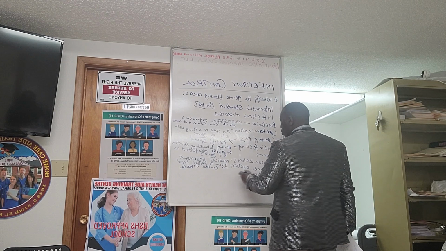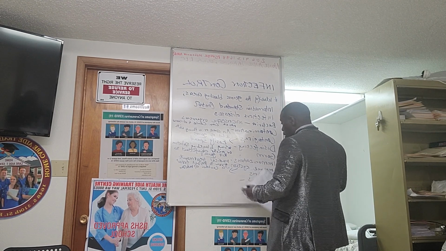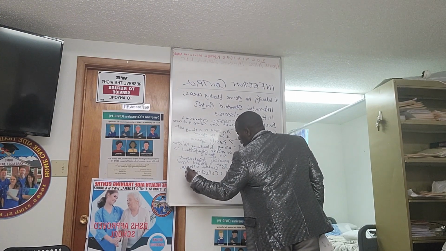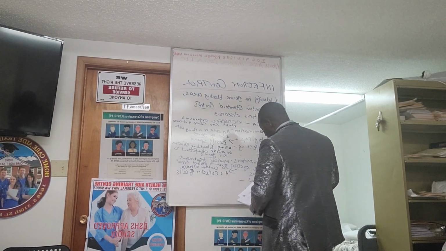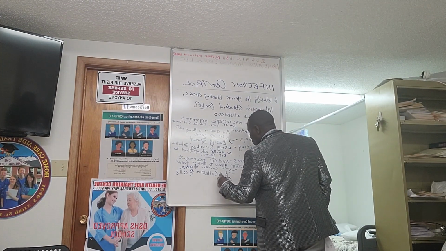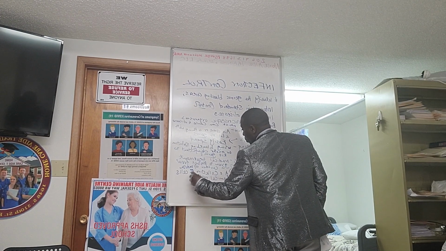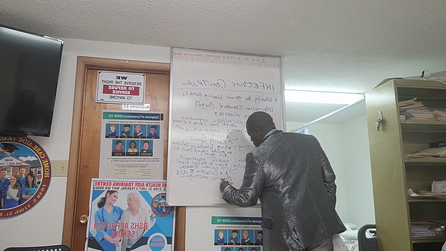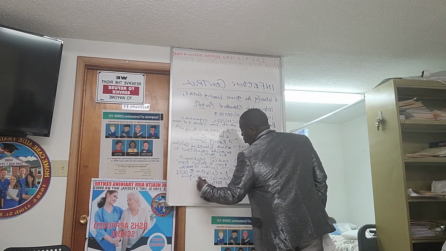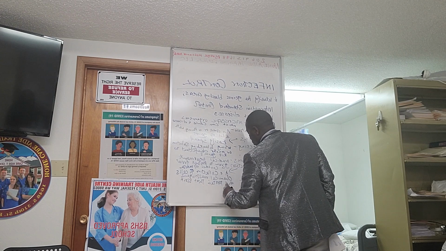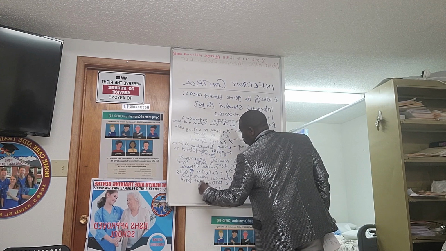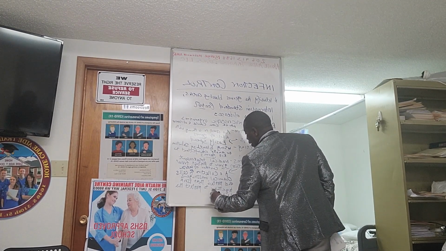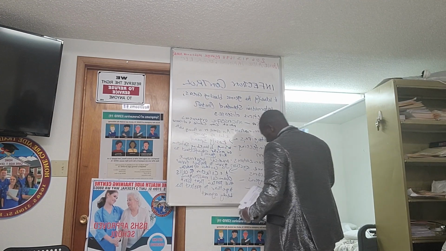Immune system. When you talk about the immune system, you are talking about a collection of cells, chemical messengers, and protein that work together to protect the body against what?